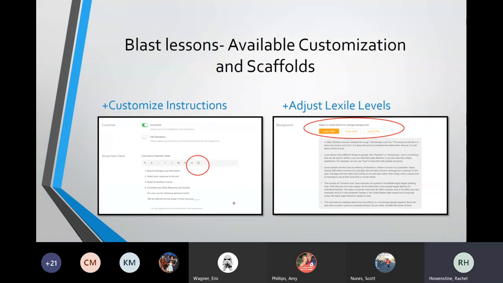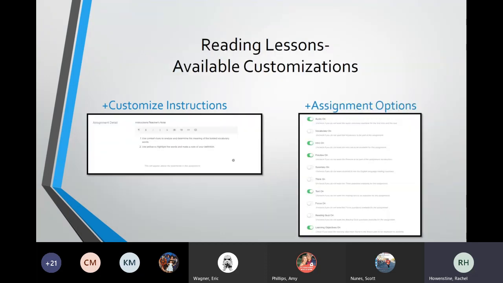In addition to being able to customize the blast lessons, we want to talk about the reading lessons. So whether we're talking about a first read or an annotation reading or a reading quiz, these are all tied to those kind of first read lessons.